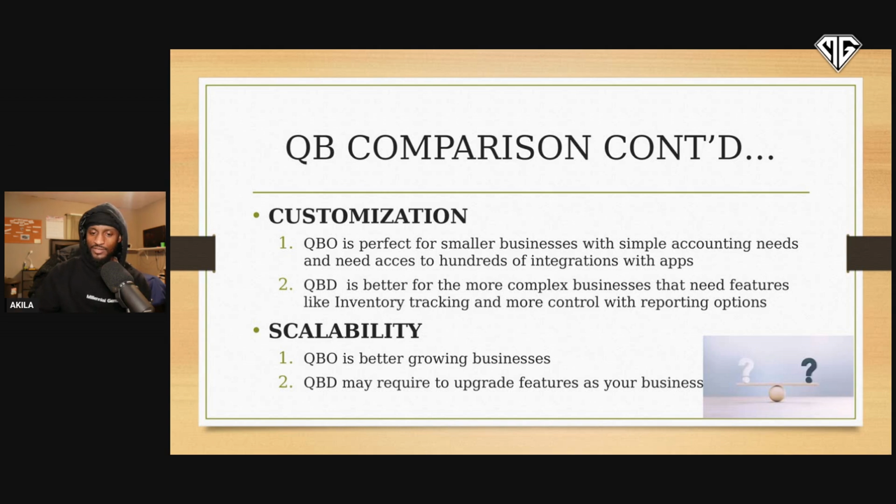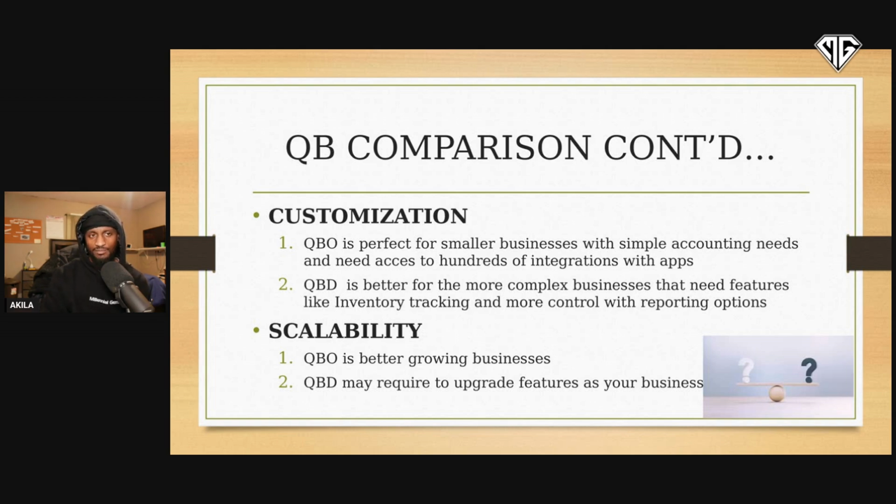So as far as customization goes, QuickBooks Online is definitely perfect for smaller businesses with simple accounting needs, and you need access to hundreds of integrations with apps. So you can get things like basic reporting and transaction tracking. You have automated invoicing and bank feeds, limited inventory management.